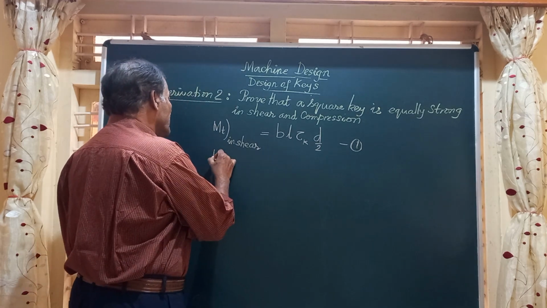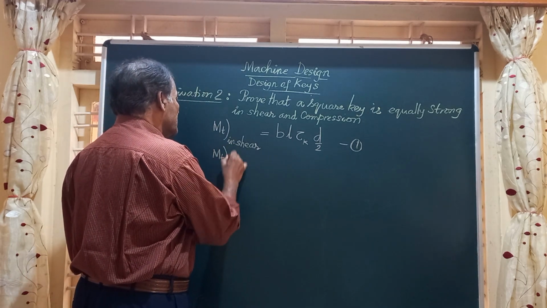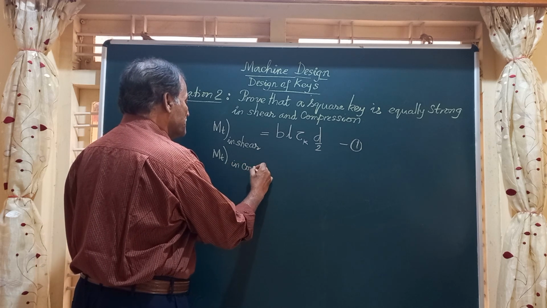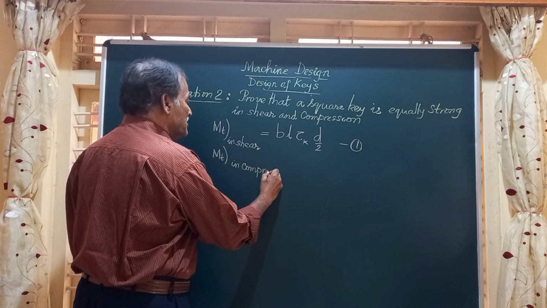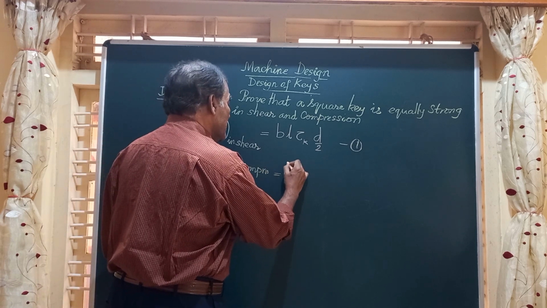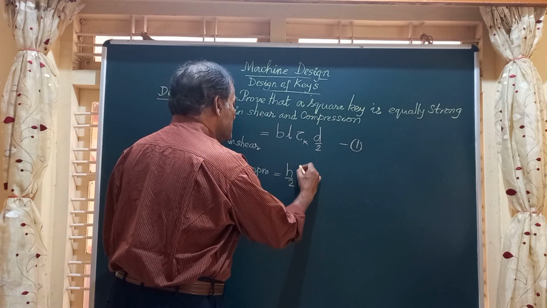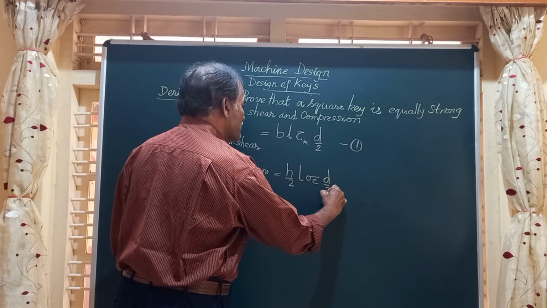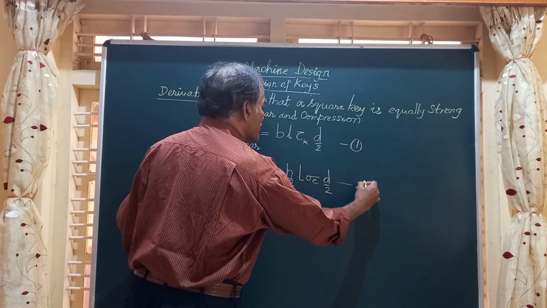Similarly, friends, we have derived the other expression, the torque transmitted by the key in crushing or compression, which is equal to h/2 into L into sigma_c into d/2. We'll call this expression 2.